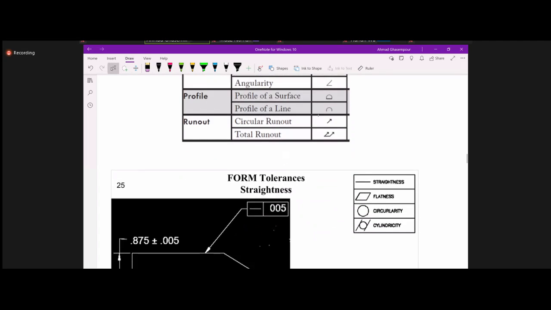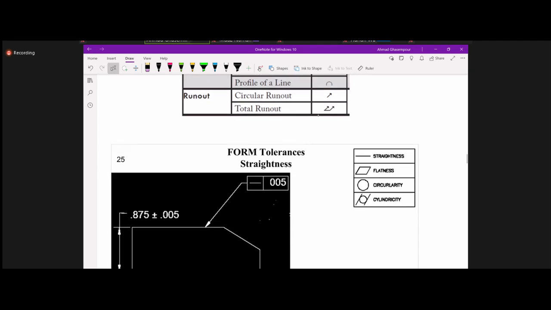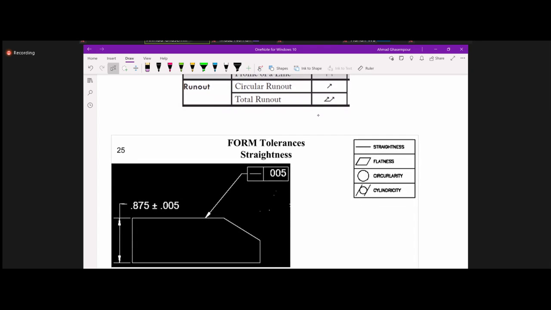So we start with tolerance of form. Form means the external characteristics of surfaces and edges and so forth, although some of these will be changing. So form tolerances, we start with straightness, right?